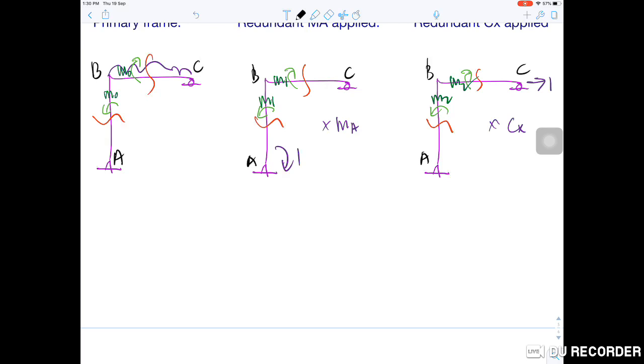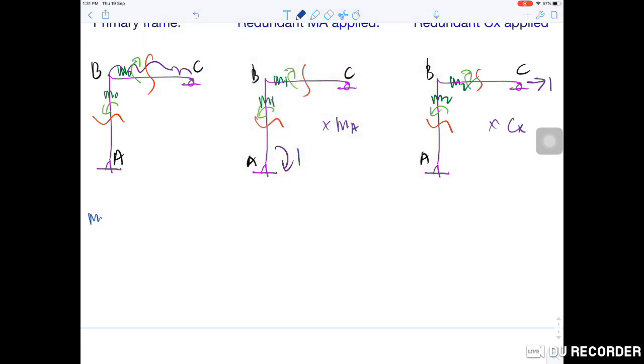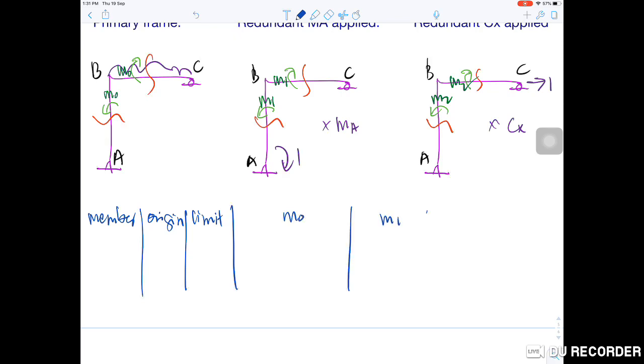So we tabulate all the moment equations like this: member, origin, limit, we have M naught, M1, and M2. The members are AB and BC. Member here refers to the cutting section.